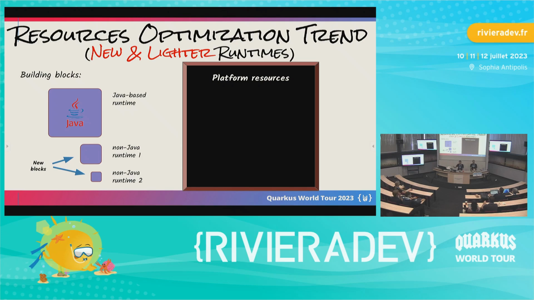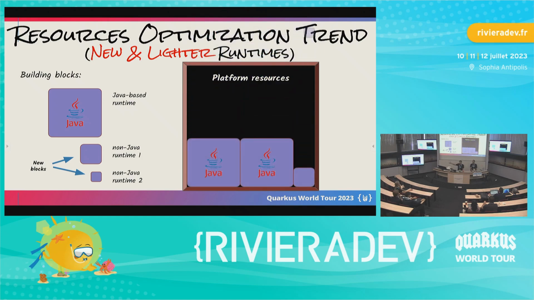Think maybe Node.js or Python. And so you'll see our traditional Java applications get scheduled, but all those new services and applications are going to use a different runtime, which means that if we want to work with those different languages, we need to learn new languages. We need to learn the new ecosystem.